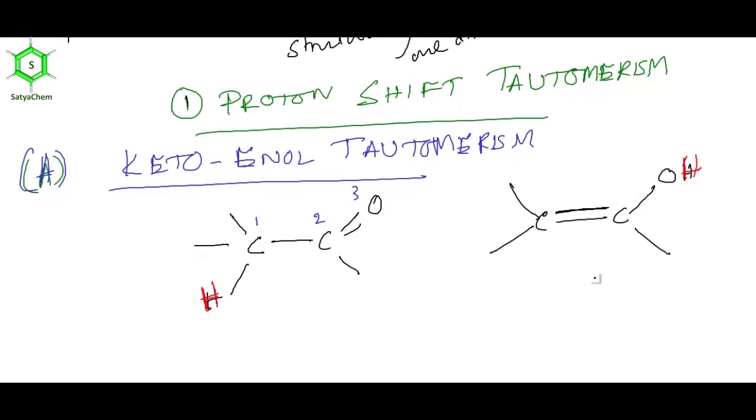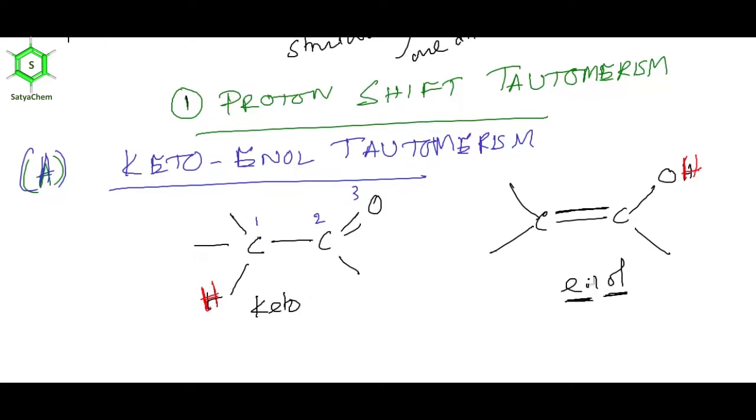So the name of this compound is enol. Why enol? In IUPAC nomenclature, en stands for double bond and ol means alcohol, that is why it is enol, meaning an OH group attached to a double bonded carbon. Clear? So this is the keto form, this is the enol form.